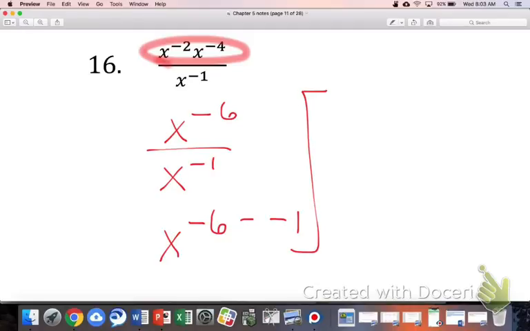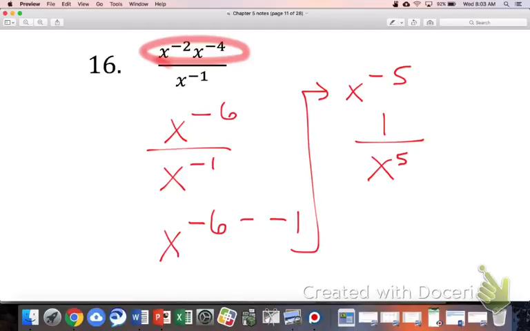This ends up giving us x to the negative 5, which is a good answer, but the standard form is we don't want any negative exponents, and so because of that, I need to flip that base to the other level. So this becomes over x to the 5th. And if you ever have a blank numerator, what do you fill that blank numerator with? A 1. So it'd be 1 over x to the 5th.